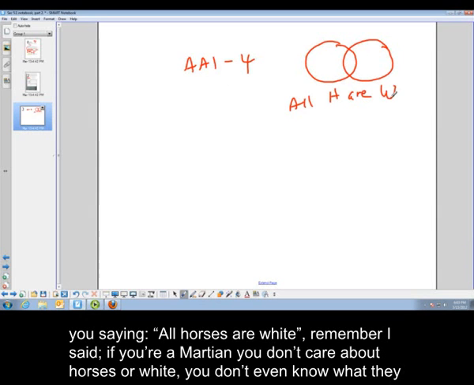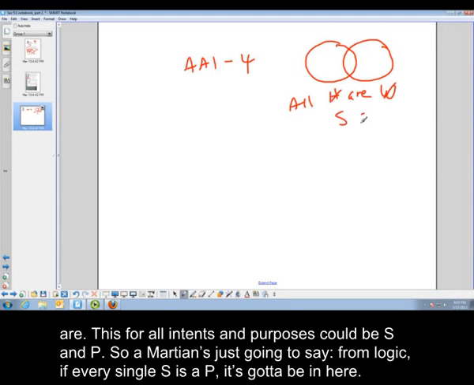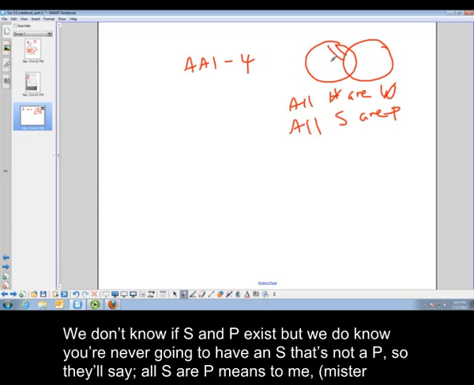You remember I said if you're a Martian, you don't care about horses or white, you don't even know what they are. This, for all intents and purposes, could be S and P, right? So a Martian's just going to say, from logic, if every single S is a P, it's got to be in here. We don't know if S and P exist, but we do know you're never going to have an S that's not a P.